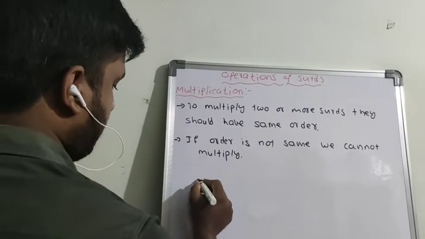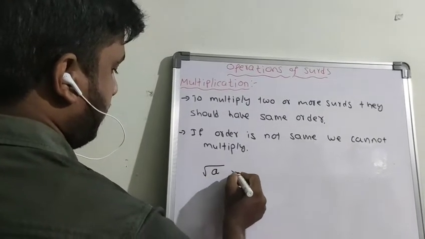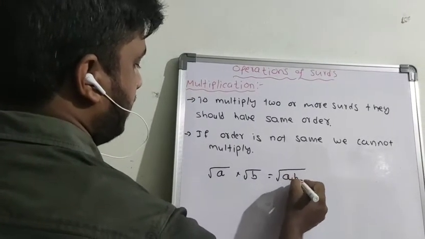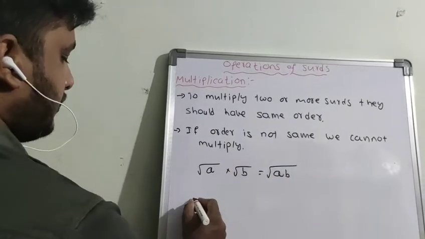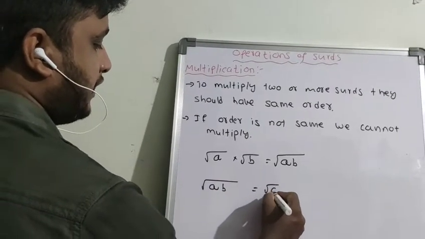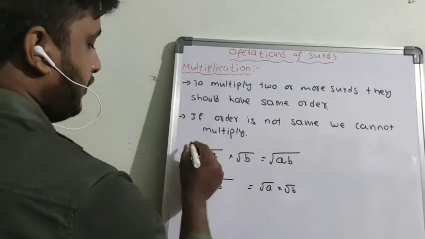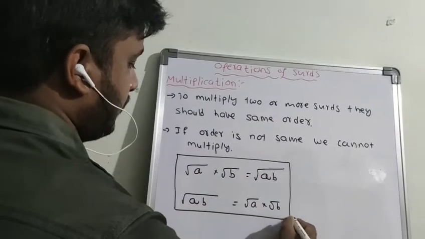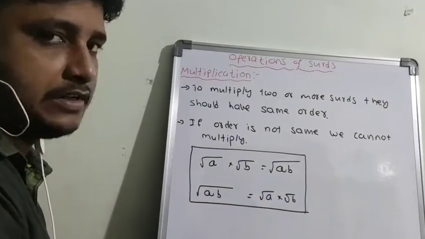One formula we have to write. Root A into root B is equal to root AB. This is the formula. Otherwise, root AB is equal to root A into root B. These two are one formula only; the second time I wrote it in reverse order.